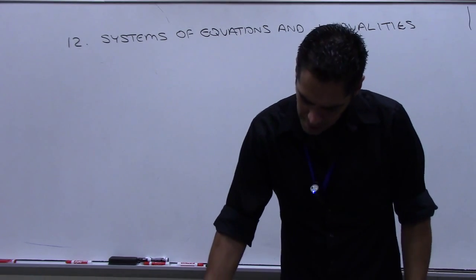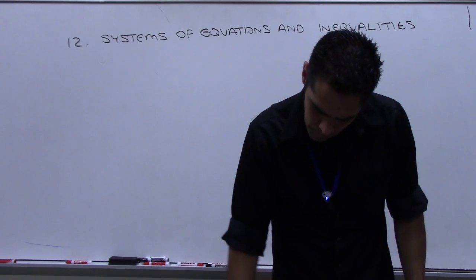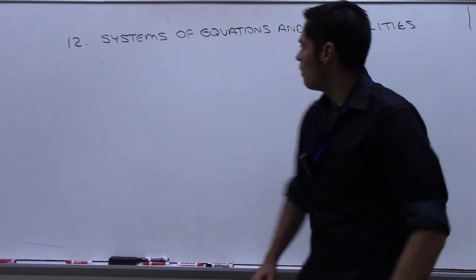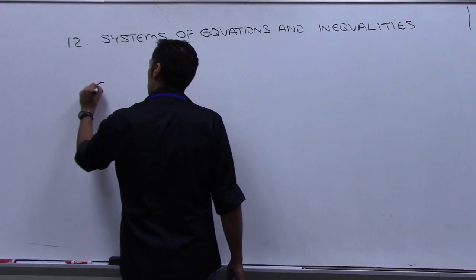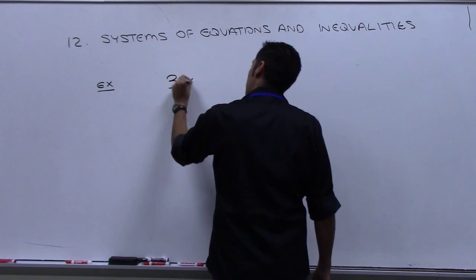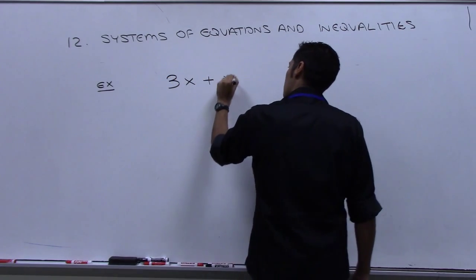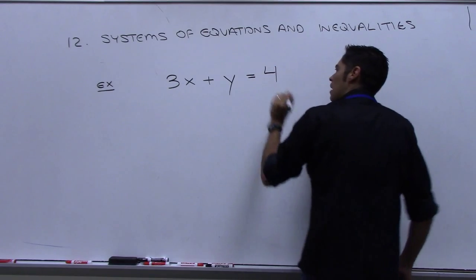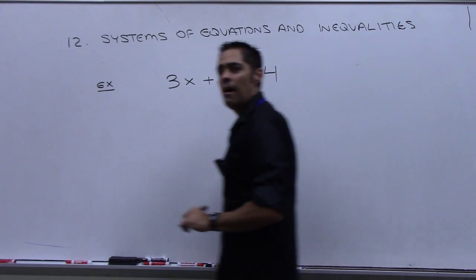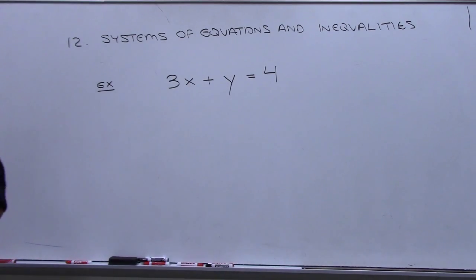So I'll start with an example here. Can somebody tell me a solution to that equation? In other words, give me an x and give me a y that make that true.